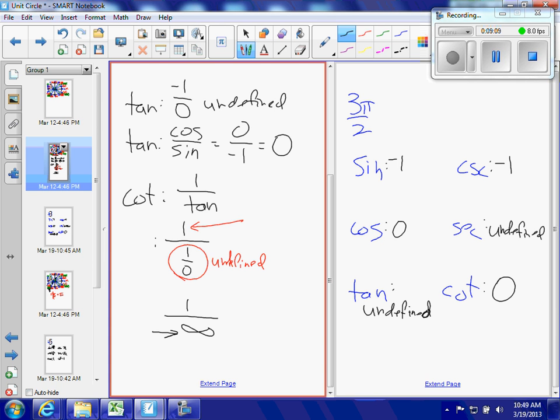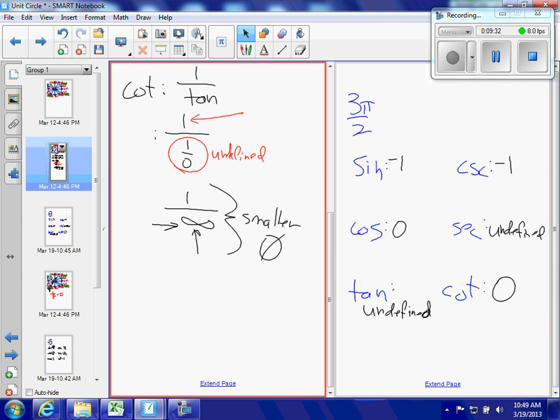But you can see that as this number here gets bigger and bigger and bigger, the whole number over here is getting smaller and smaller and smaller. Until, if it actually managed to reach infinity, it would be 0. But of course, we can never reach infinity. So what I'm encouraging you here is to think of cotangent mainly as cosine over sine, and not so much as 1 over tangent.